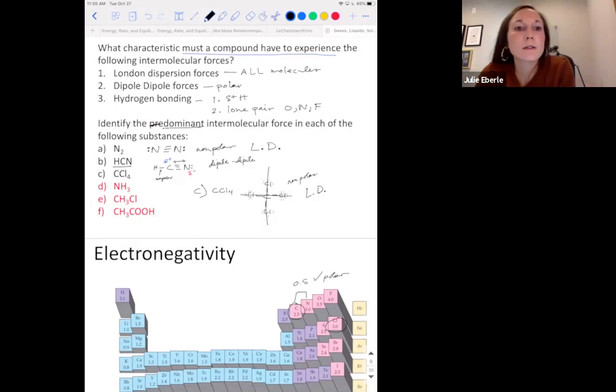So you can put your answers in for each of these once you finish them. If anybody was paying attention a couple slides ago, NH3 should be real easy.